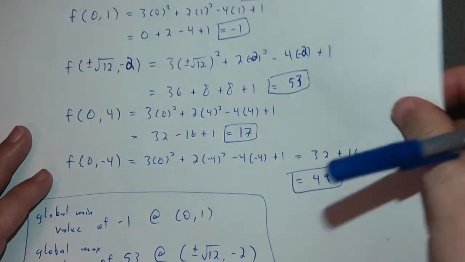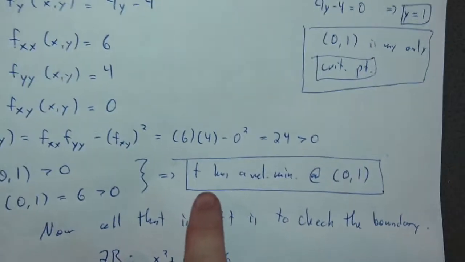All right. So I have time, maybe, for one more. So Nikia said in chat, global and relative min at 0, 1, that's right. I think I'd already written and boxed in somewhere on a previous page that it had a relative min at 0, 1.